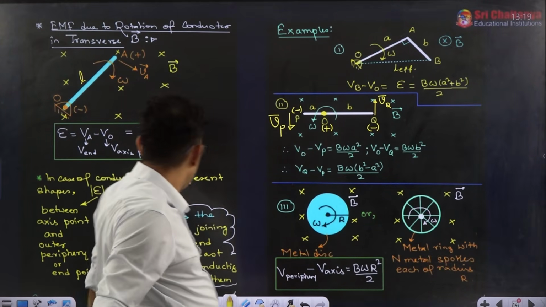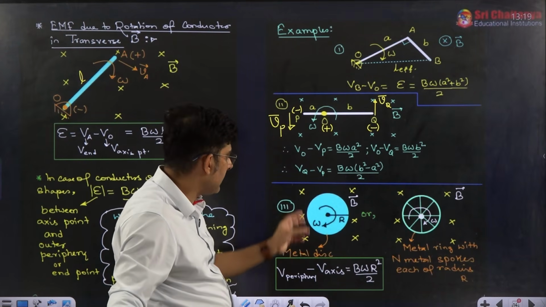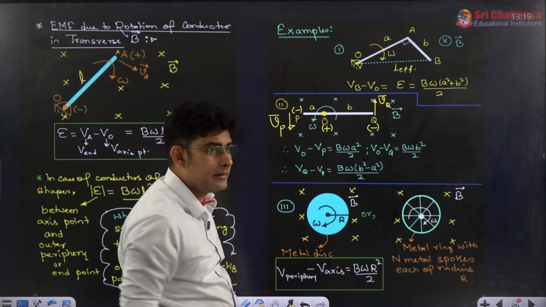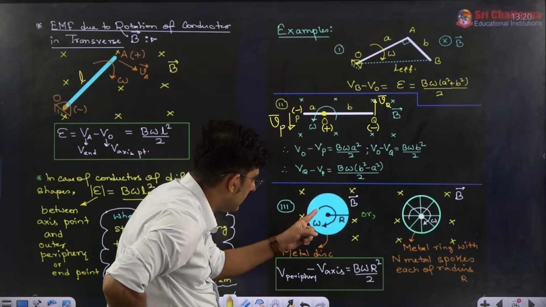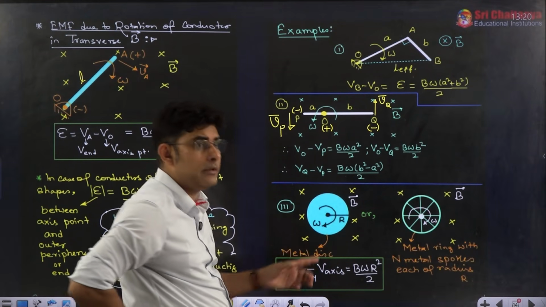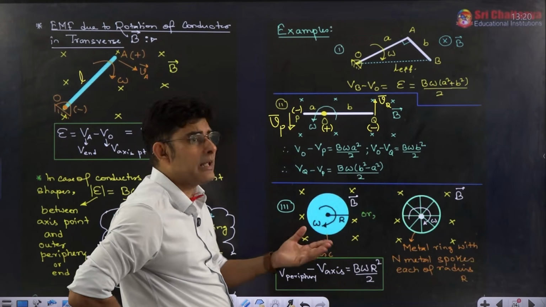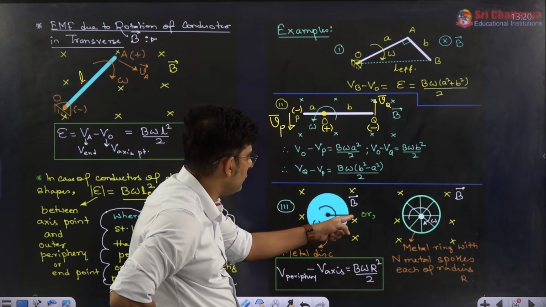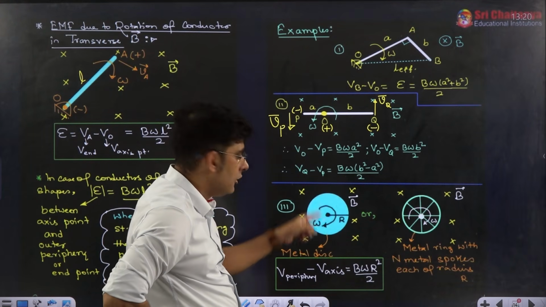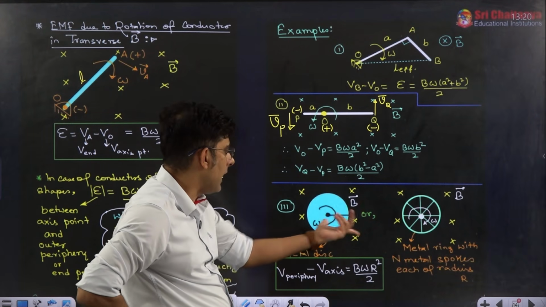Next example, very important: if you have a metal disc and it is rotated about its natural axis, and they ask you what is the EMF induced between the center and the periphery. So I will check: is there at least one conducting path? Infinite paths are there from center to periphery, all of radius r. So you just have to replace L effective by r.